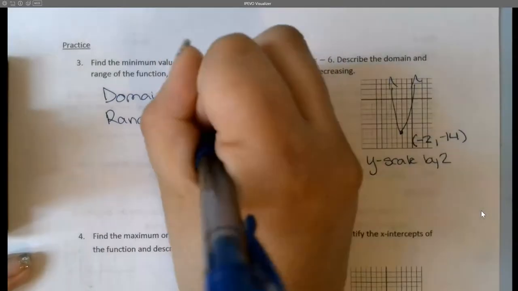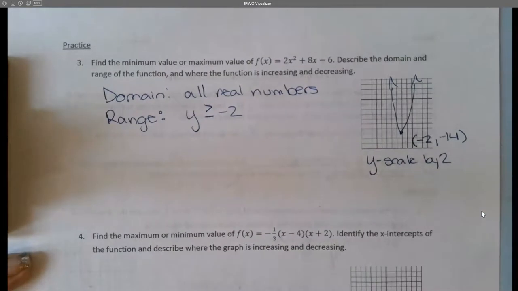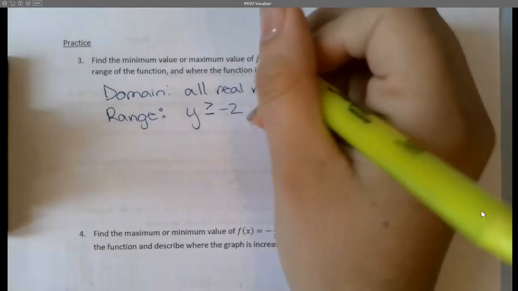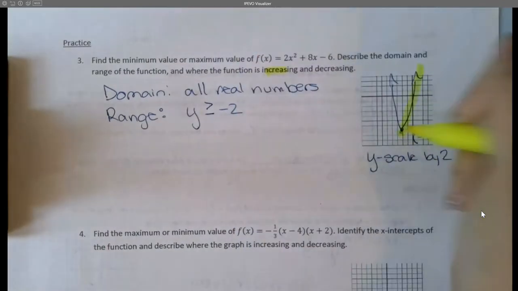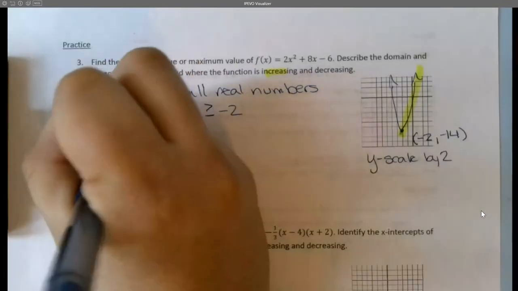It includes the y value and this one is going up, so it's greater than. Then if I want to take a look at increasing, remember increasing is going up, so positive slope on the right side of the x.